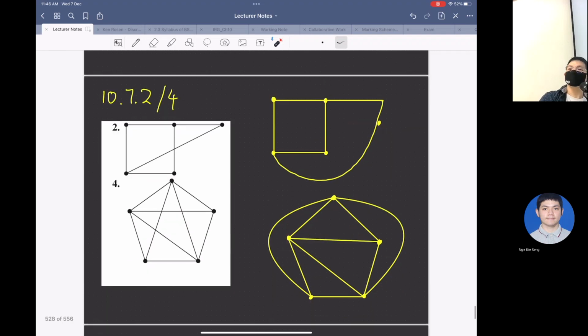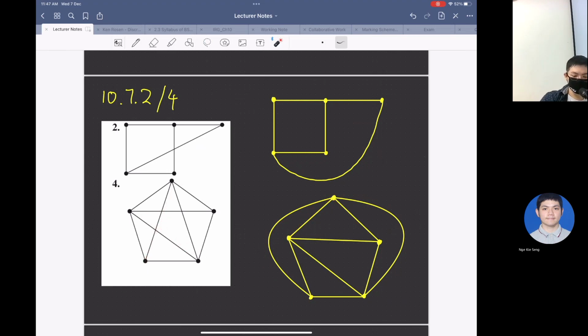7.2.4, this one shows a graph is planar. Produce a planar representation. Again, try to play around with the edges and vertices. Try to move this vertex or edge away, then you can find a representation which has no edge crossing.